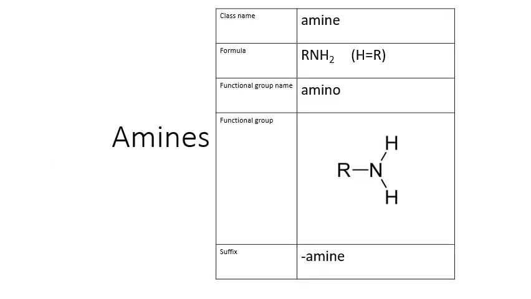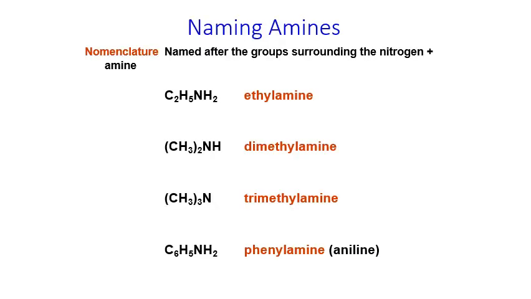The next functional group is the amines. They're RNH2, and they're amino, and the suffix is now -amine. Quite common in foods, especially protein-based foods. The nomenclature is named after the group surrounding the nitrogen. So you've got 2 carbons, so you're going to go with ethylamine.